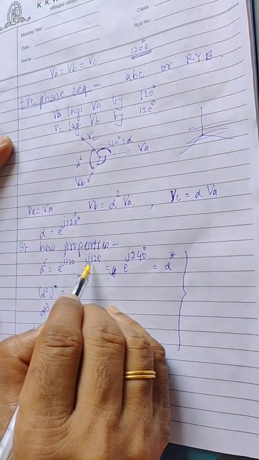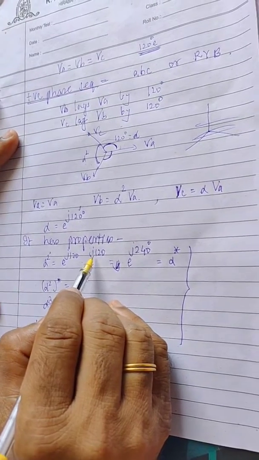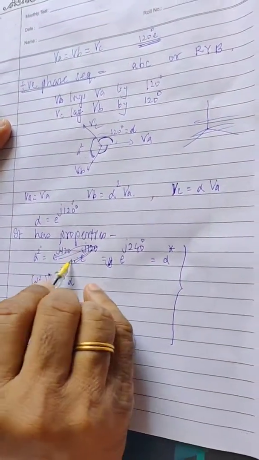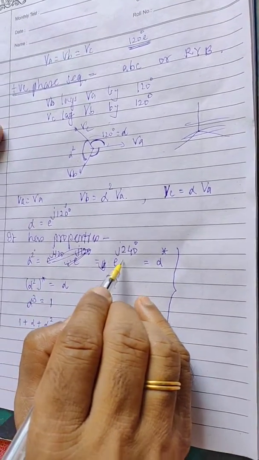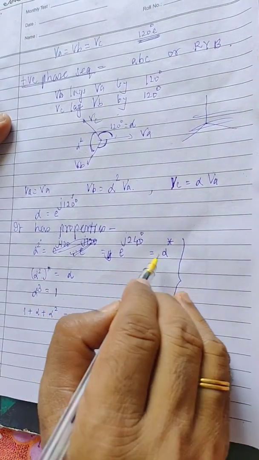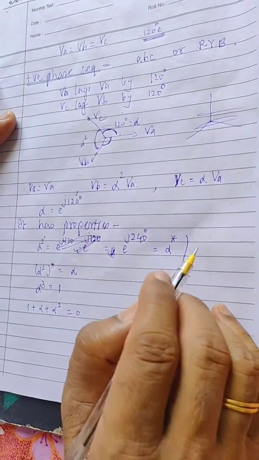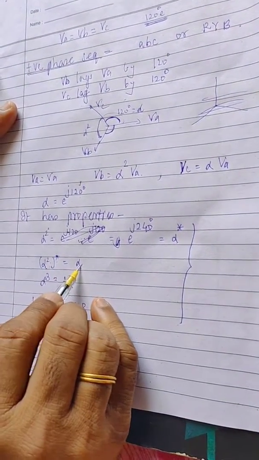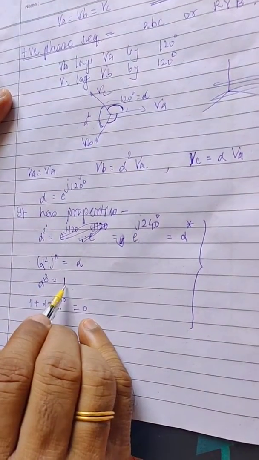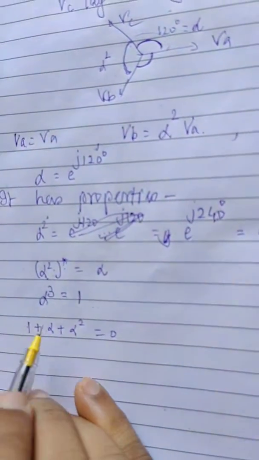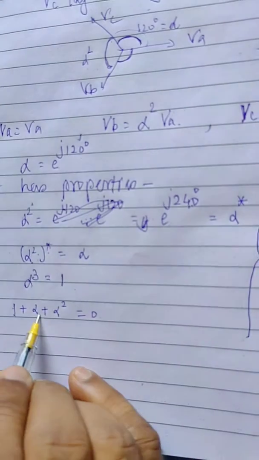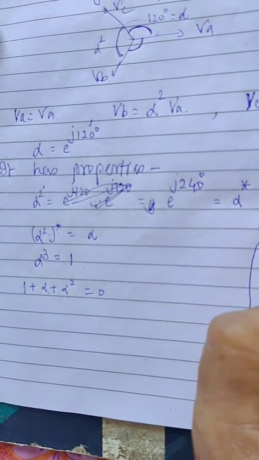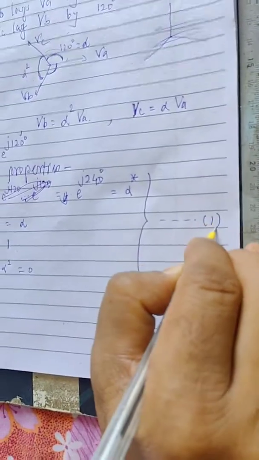Alpha square is e raised to j 240, nothing but the conjugate of alpha. Second property, the conjugate of alpha square is alpha. Third property, alpha cube is equal to 1. Fourth property, 1 plus alpha plus alpha square is equal to 0. Suppose this is equation 1.